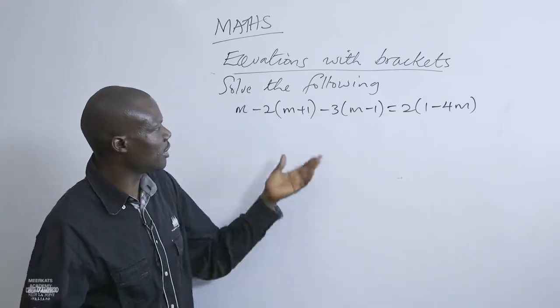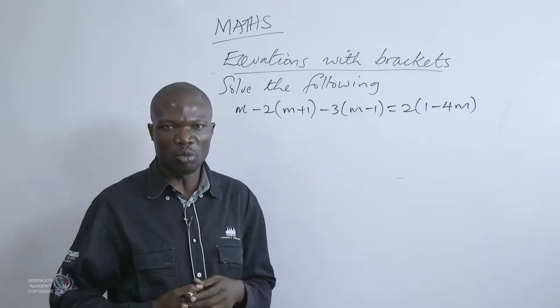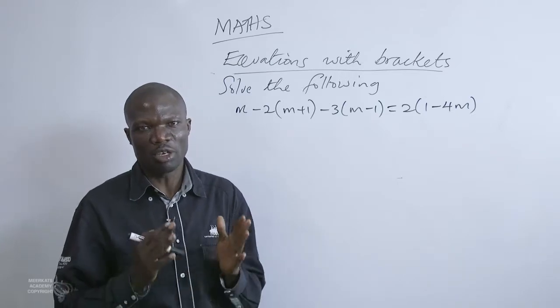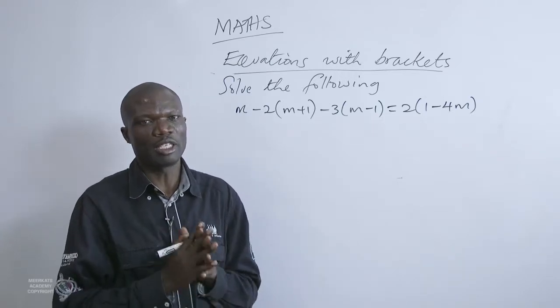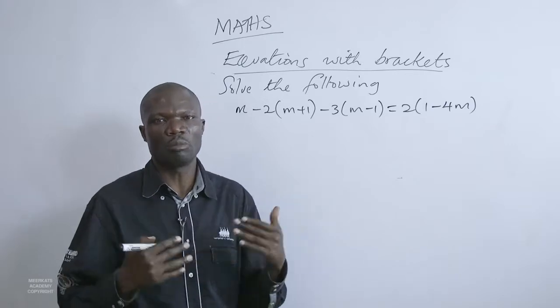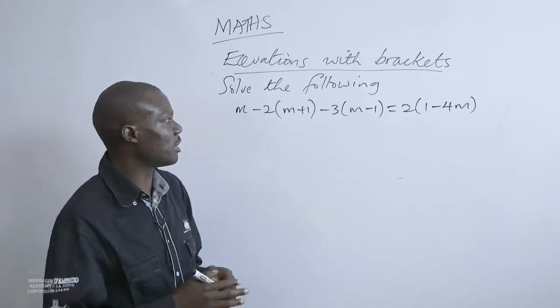So you'll notice that this time I've introduced more negative signs, but we still have to apply the same method and see, are we able to solve those which have got more negatives?